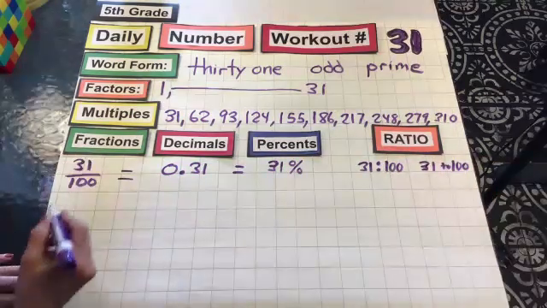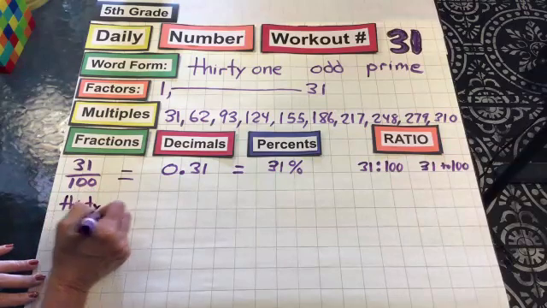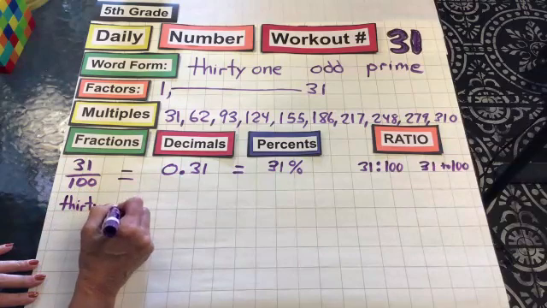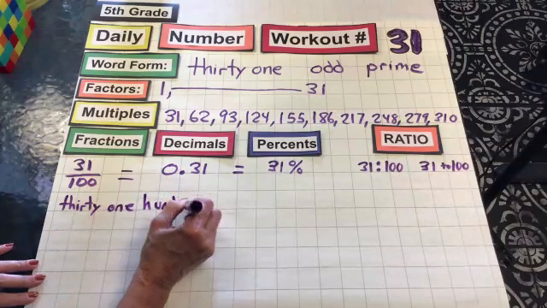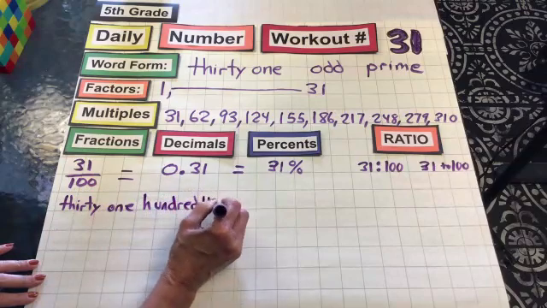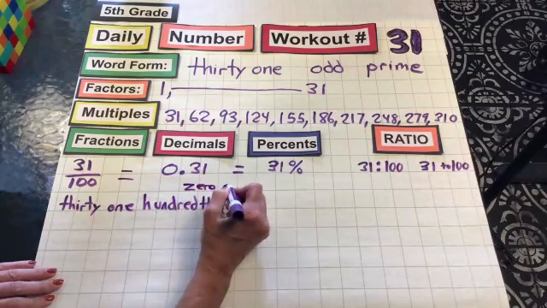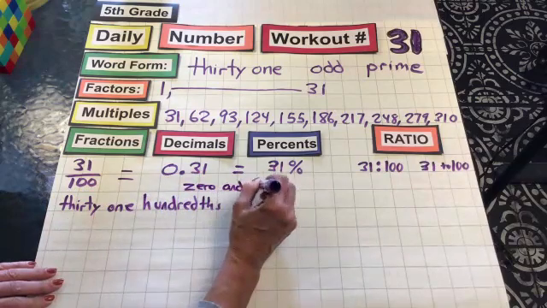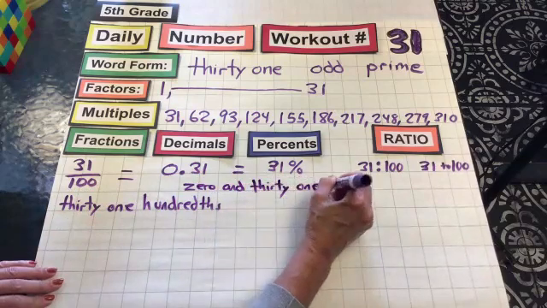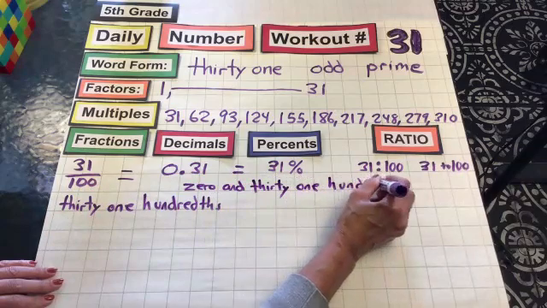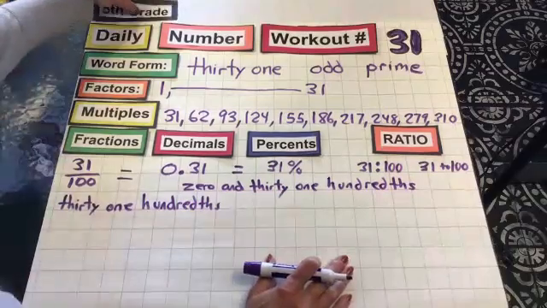Let's write this out in words. So this would be 31 hundredths. And then our decimal would be 0.31, 31 hundredths. All right.